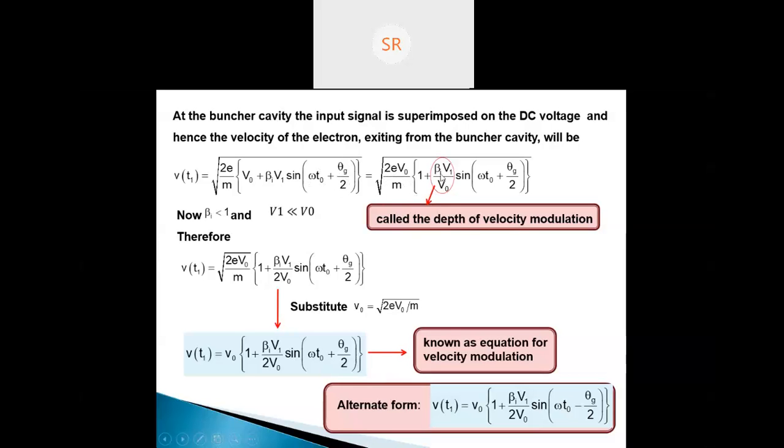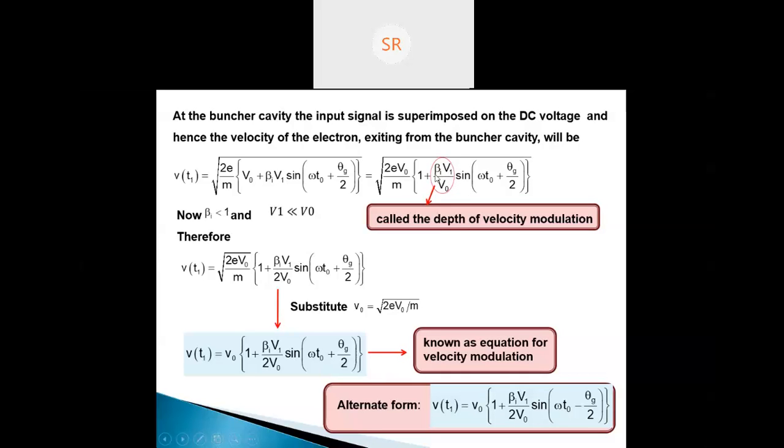And this factor, beta 1 V1 by V0, is the depth of velocity modulation. This V0 is your beam voltage, and this V1 is your input signal. If V1 is large, then the velocity modulation is different. V1 should be small.